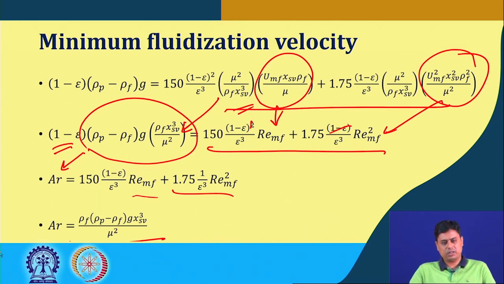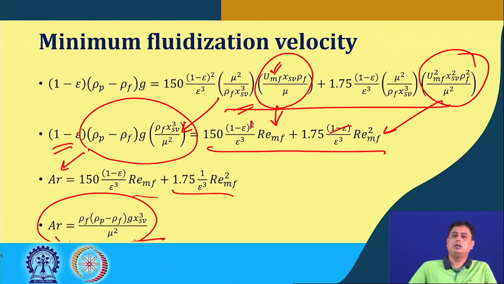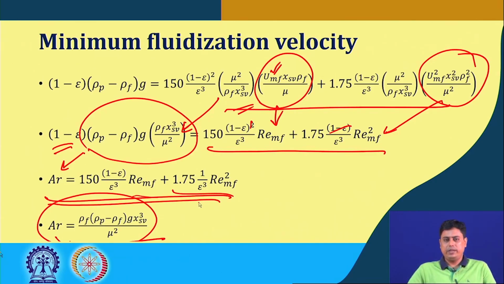The Reynolds number expression has the minimum fluidization velocity in it, and the Archimedes number deals with the fluid properties. So, from this we have the relation between the Archimedes number and the Reynolds number at minimum fluidization velocity.